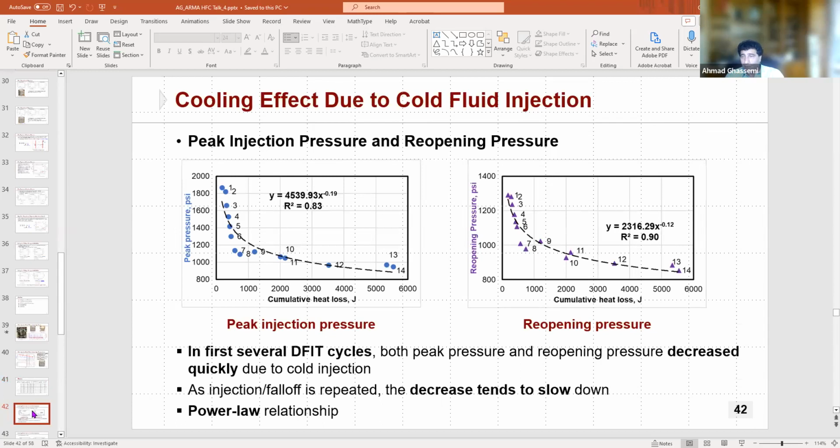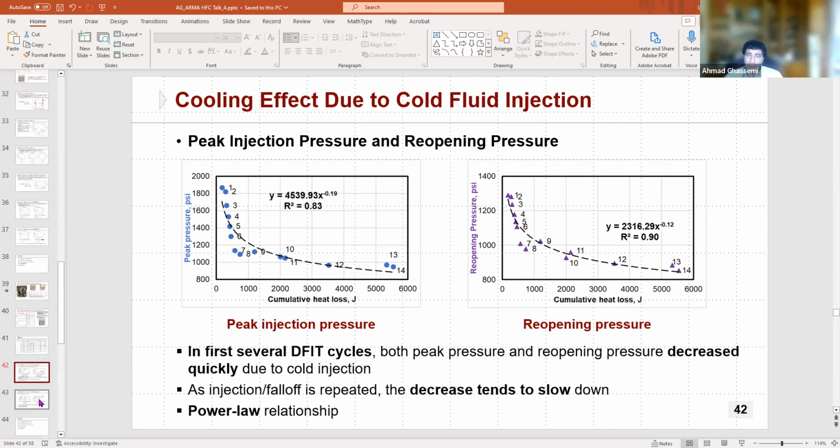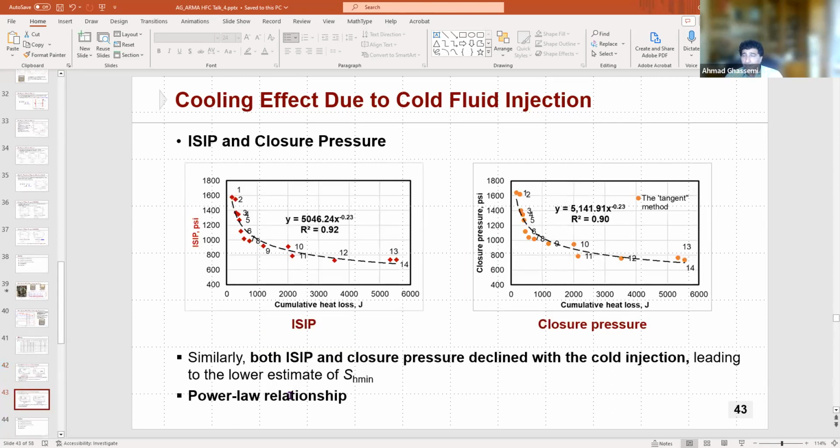The trend of the reopening pressure can be seen as a power law reduction with cumulative heat loss. It's reminiscent of the poroelastic stress, except that the sign has changed. The back stress would tend to increase your closure pressure; here, cooling tends to decrease it. We can see that with the peak pressure observed, and the same thing with the ISIP and closure pressure.